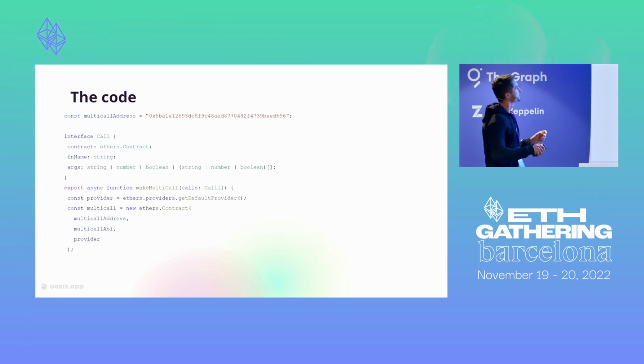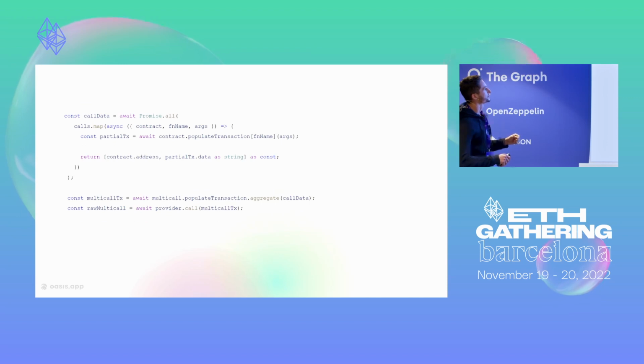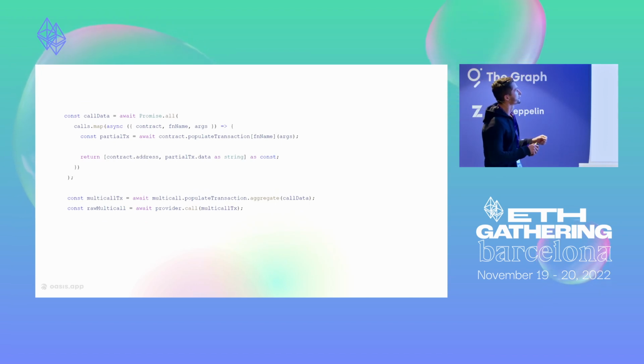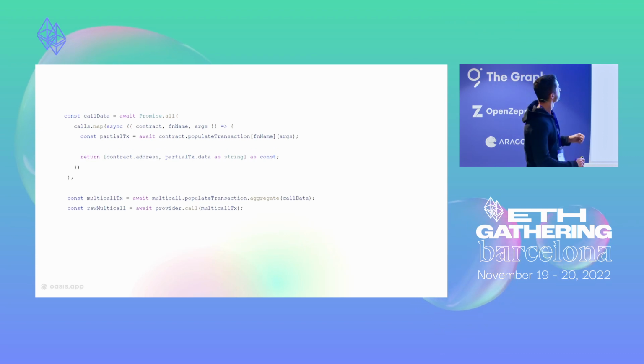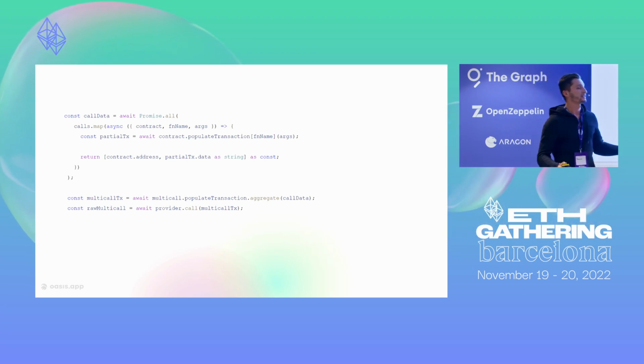And this part is exactly what we are doing. We are providing the address of the contract and also the data that we will be sending there. The call data will be an array of such tuples. We call aggregate with this call data, and then we get the data.